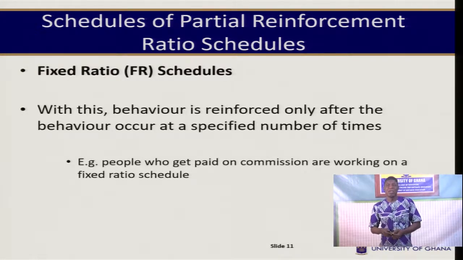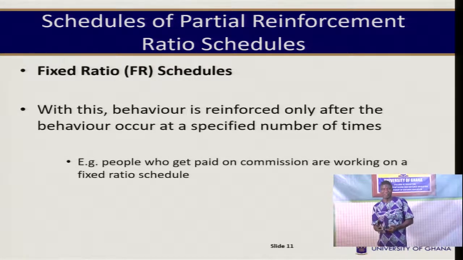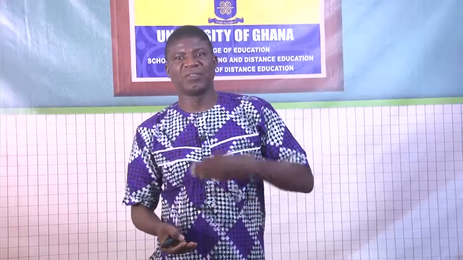For instance, people who get paid on commission basis are working on a fixed ratio schedule. That is, you have a certain number of items or a certain number of acceptable responses to be reinforced. Let's say someone who is working in a bank and is supposed to get 5 customers to come and open an account with the bank.